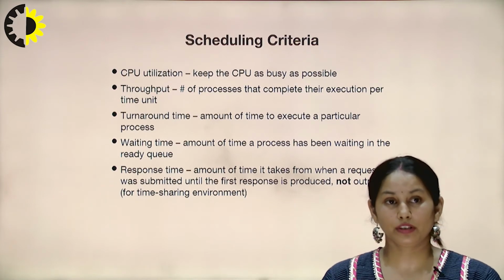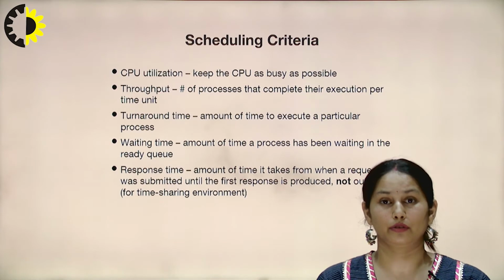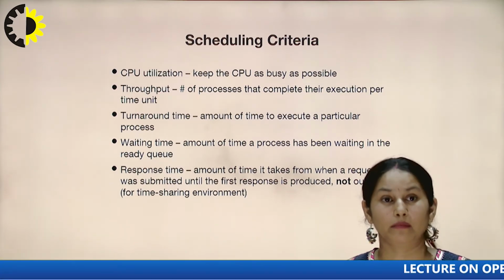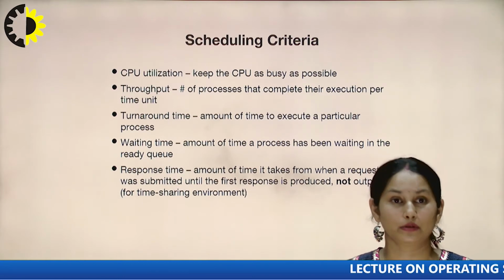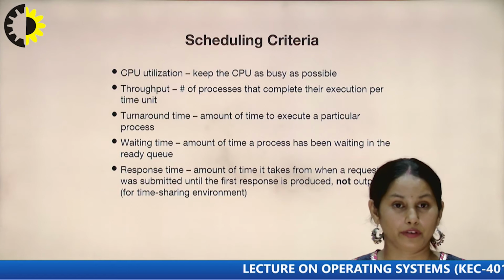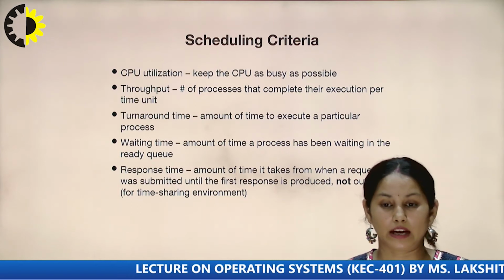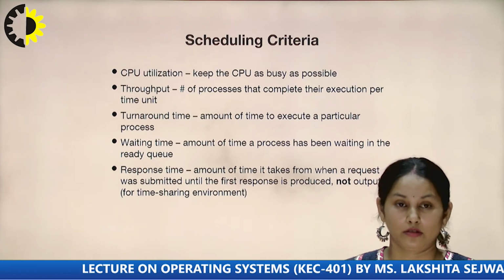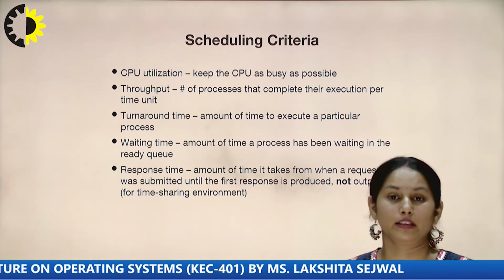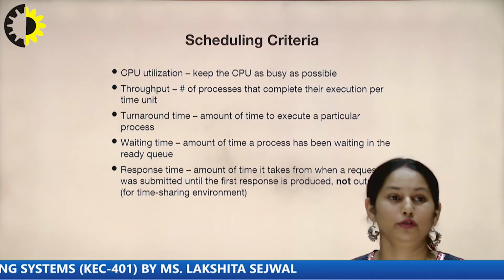So throughput is the average of the processes that need to be completed in their execution time, calculated per unit of time. Like if the timestamp is 1 second, in 1 second how much execution of that process has been done. So that is the throughput.